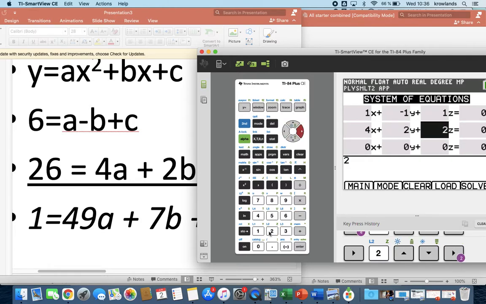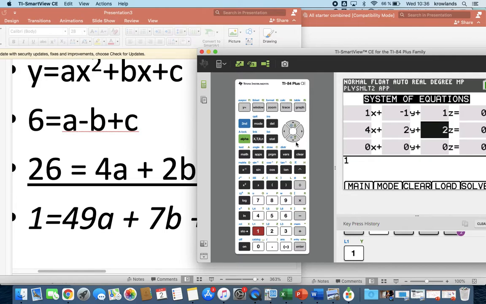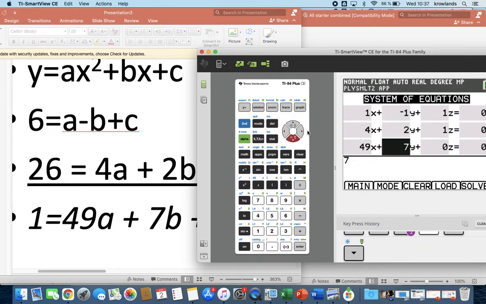And then the last equation is 49, 7, 1. You can see that all the c's are 1, and you'll often have this in this kind of question. Then we say what they all equal, which is 6, 26 and 1.